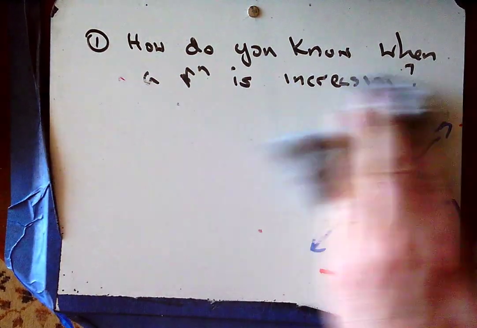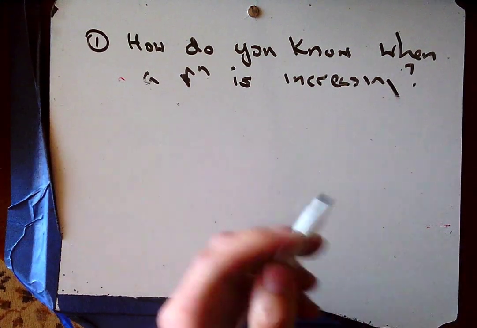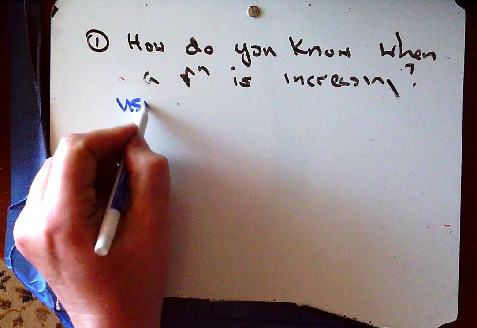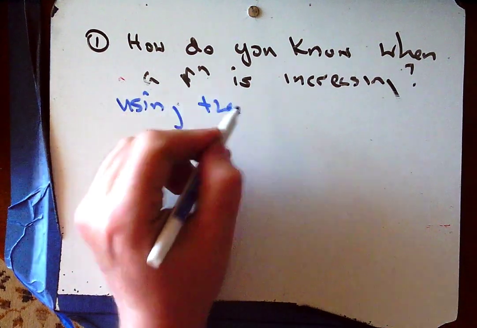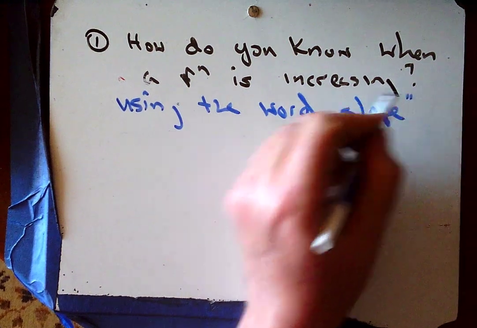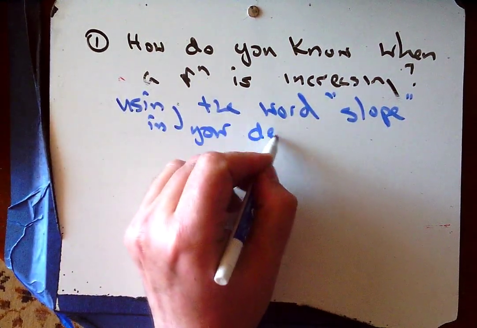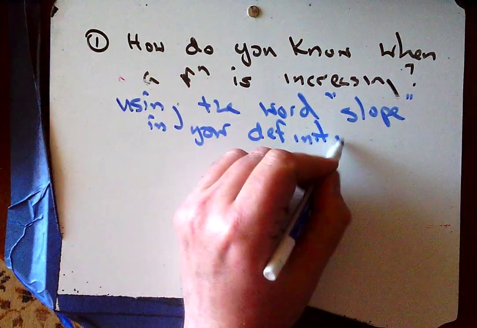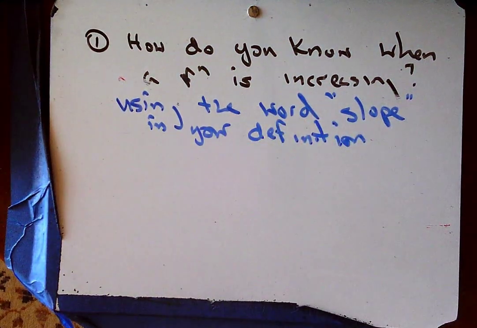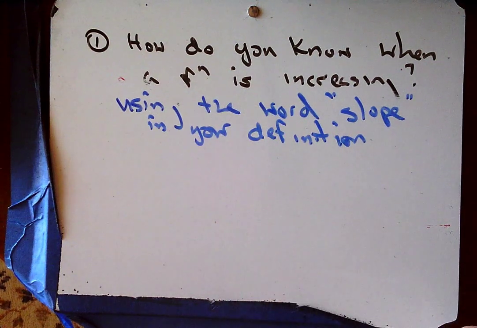Okay, but I actually want you to tell me how you know a function is increasing or decreasing using the word slope in your definition. Okay? How do you know if a function is increasing? And your answer has to be something that uses the word slope.